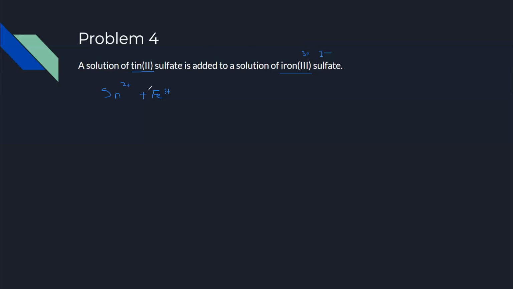So to balance this, you have to multiply the iron by 2. So Sn 2 plus plus 2 Fe 3 plus makes, and for this, you have to know your ions and what the charges can go to. Sn 2 plus always goes to Sn 4 plus.